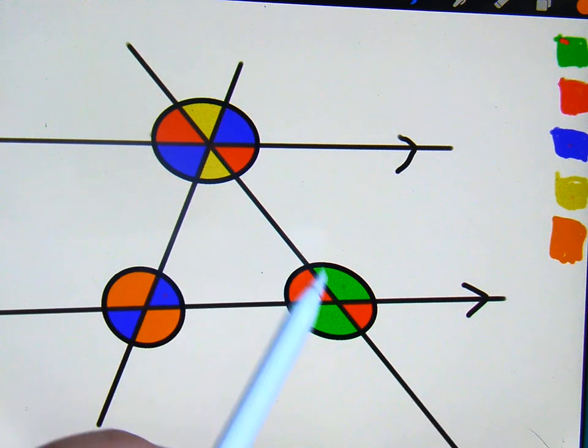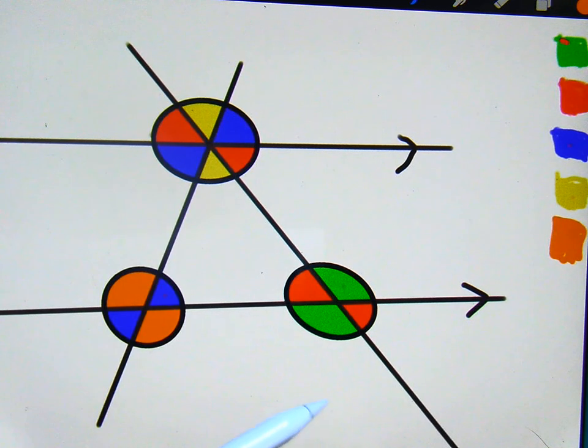So what's going to happen is that we'll start noticing things in here to come up with our next couple theorems.